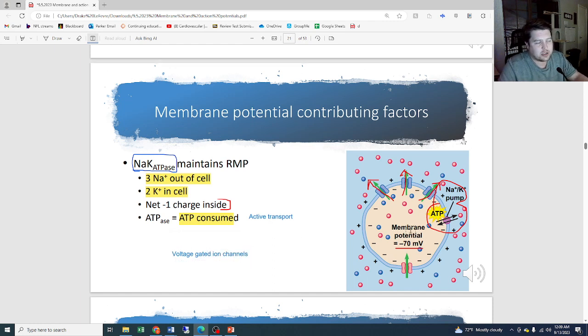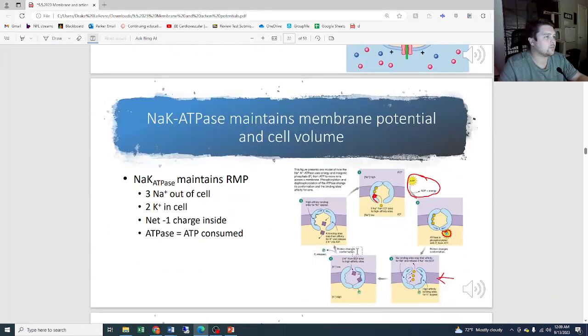Maintaining a good resting membrane potential keeps all of our different ion channels closed until they need to be opened, and they're open for the proper process. So the sodium potassium ATPase maintains the membrane potential as well as the cell volume.